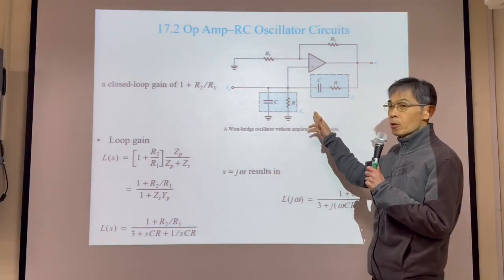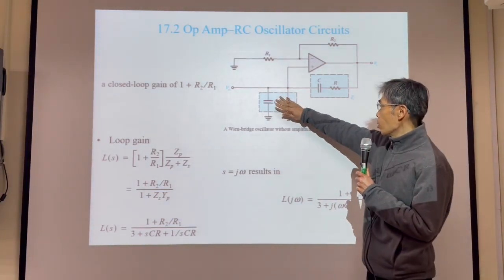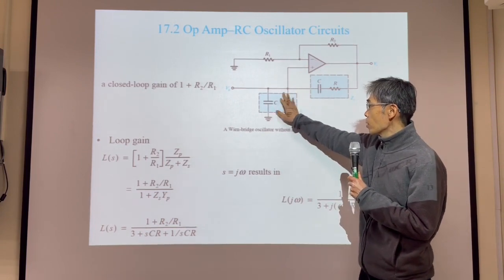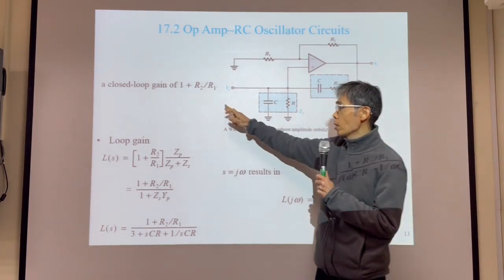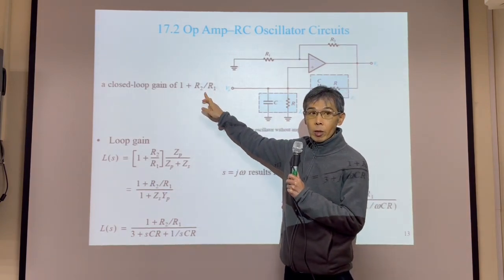For this oscillator, if we ignore RC, and just consider the input here and the output here, you can calculate the closed loop gain as this one.